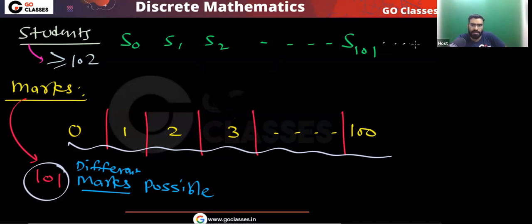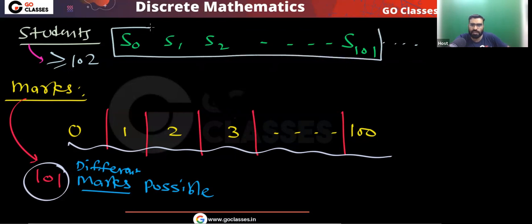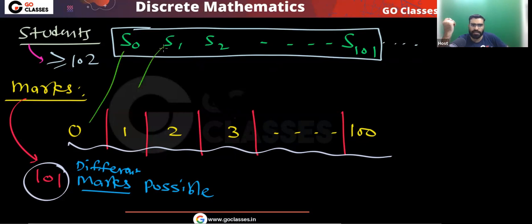But the point is, if you have at least 102 students, then you can guarantee that at least 2 students will get the same marks. Agree? Now you can guarantee, because where will it go.